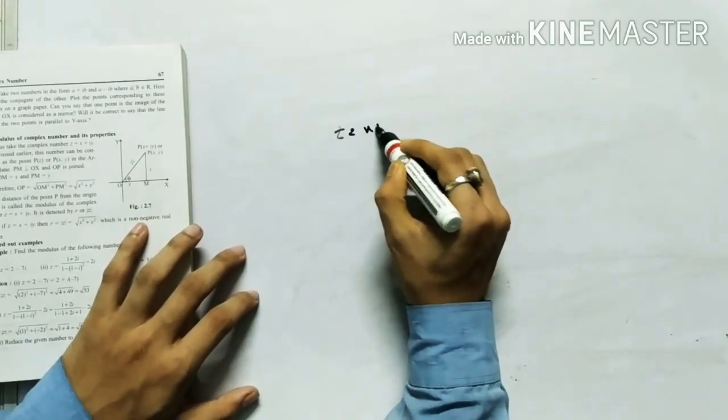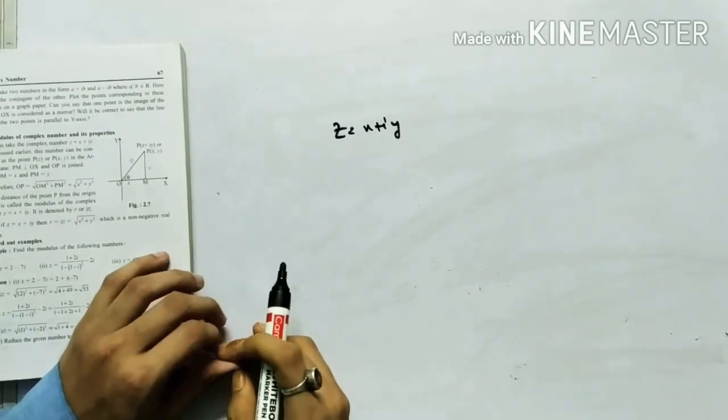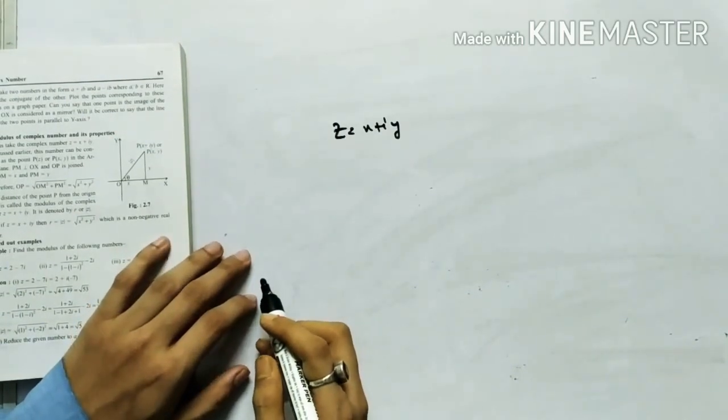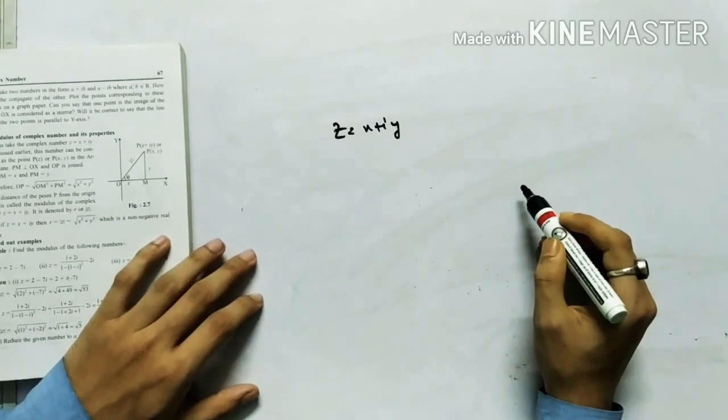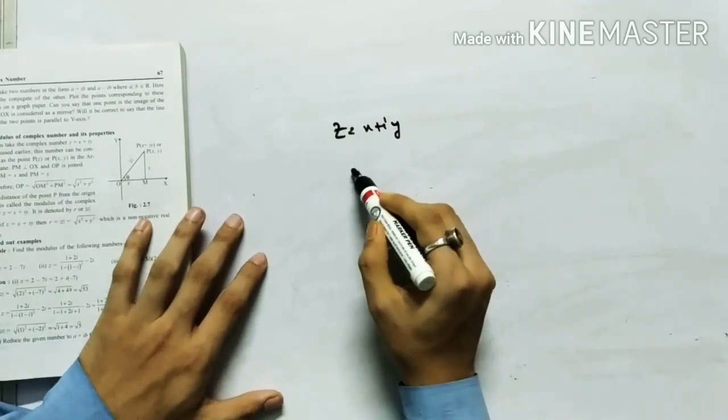Let us take a complex number z equals x plus iy.